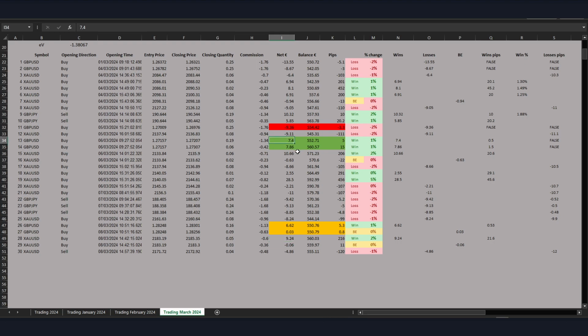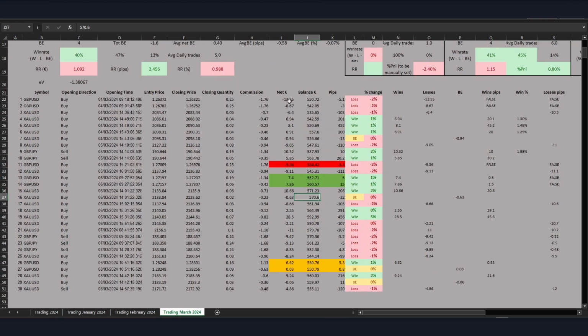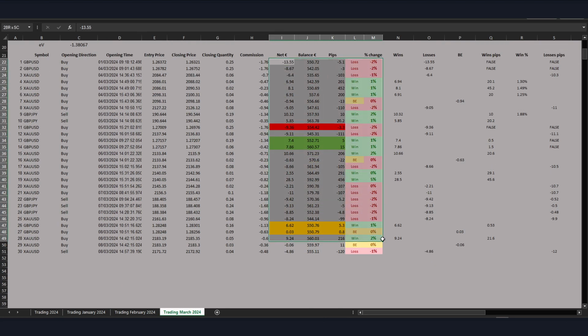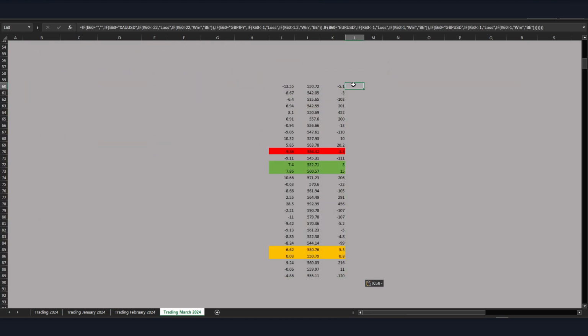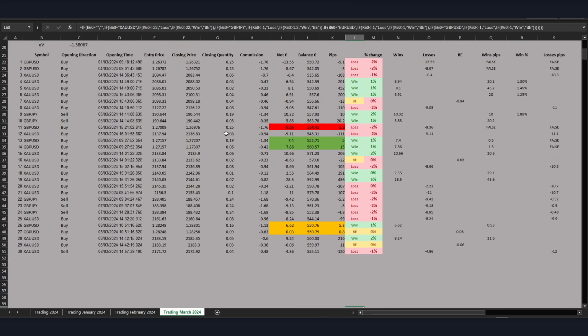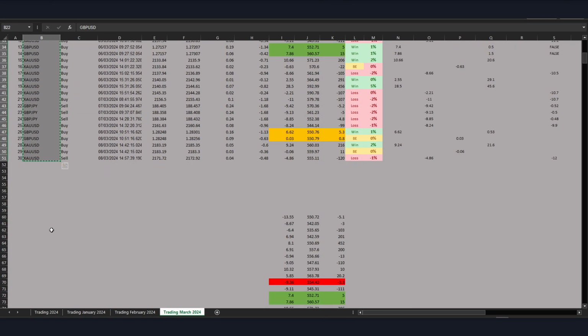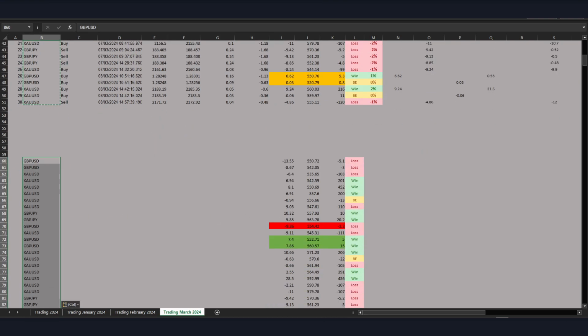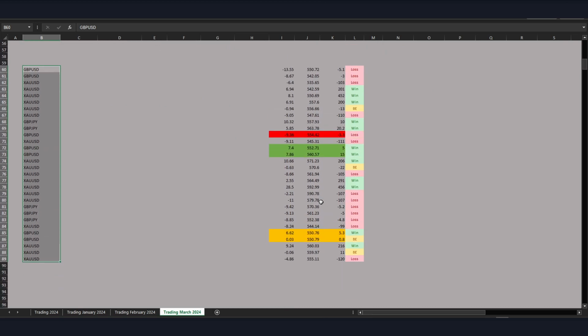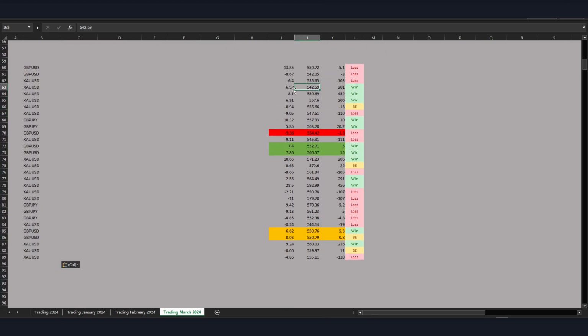So maybe it is good for now to have it, because if I'm doing this same thing, okay, let's do it like this. Okay, if I'm doing like this, and let's say this one actually goes to 30 pips.